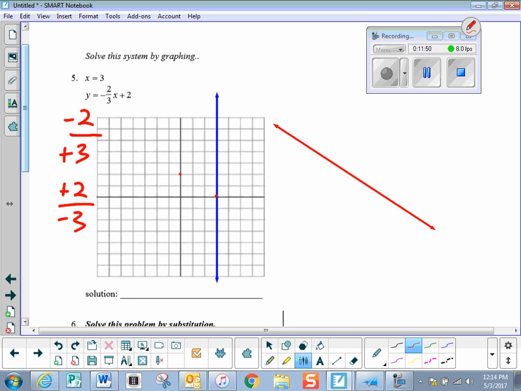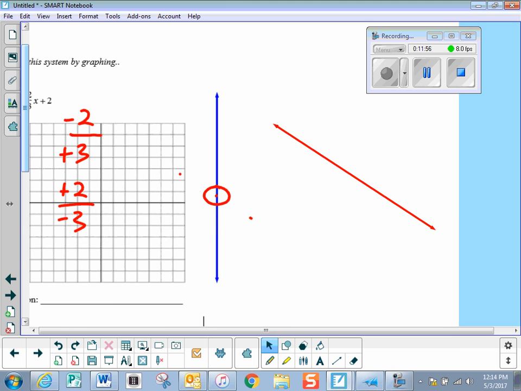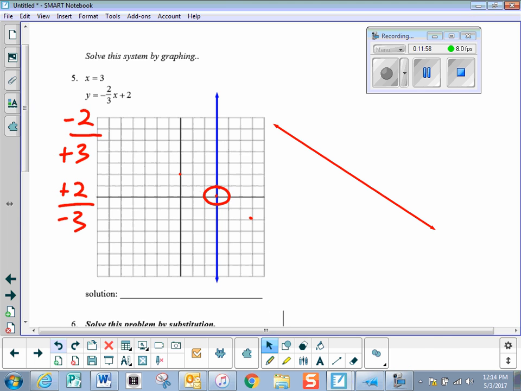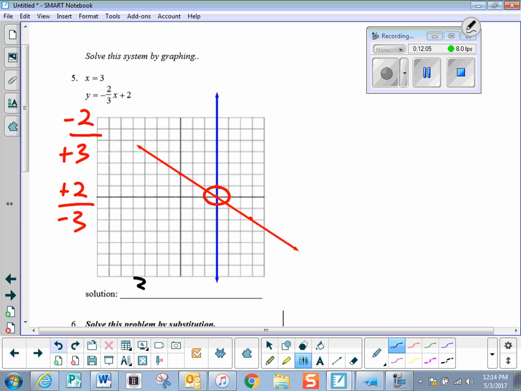I found my point of intersection. It is (3, 0). That one was pretty straightforward, right? I went to 3 and I went upwards.